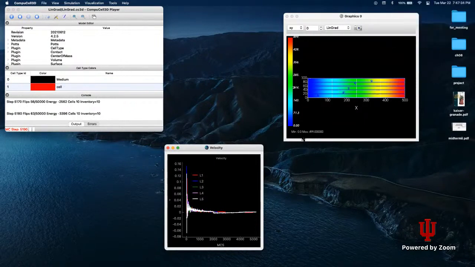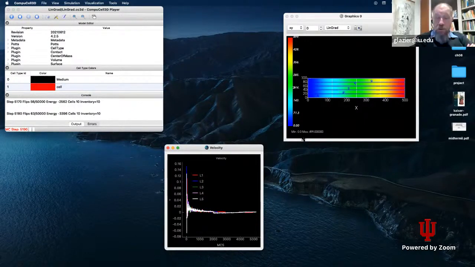If the cells are in lanes, like here, they don't have the ability to move very much in the y direction, because even if they had a velocity, they'd bump into the wall. They couldn't move very far.